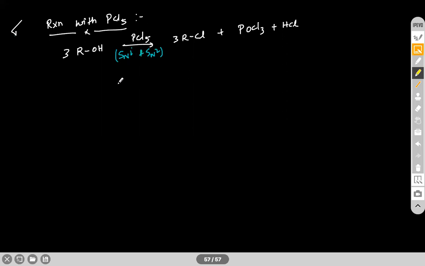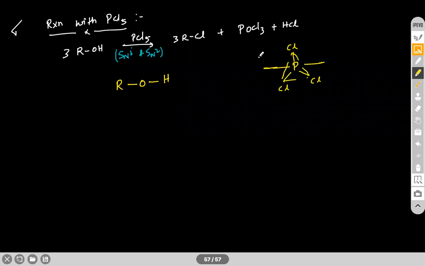So how to write it down: you see the alcohol we have is ROH, right? And PCl5, the structure you see, PCl5 has a trigonal bipyramidal structure like this, with Cl, Cl, Cl.